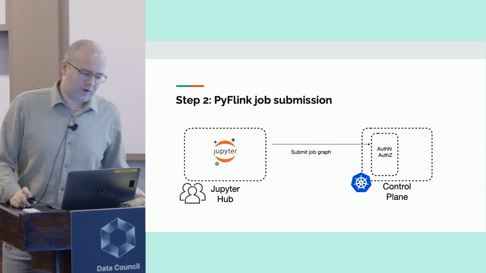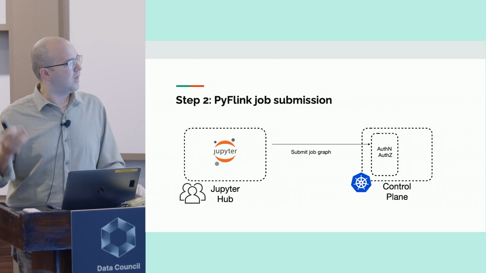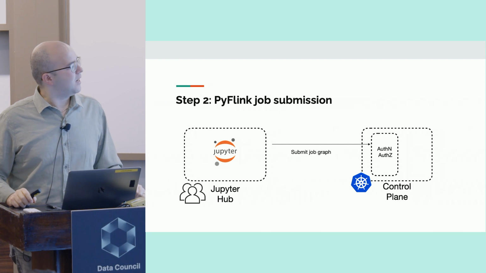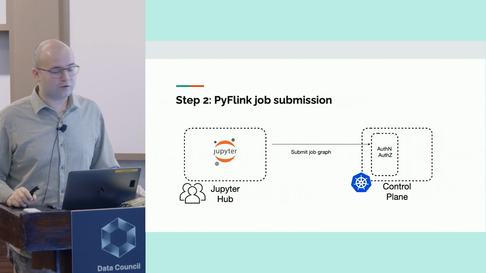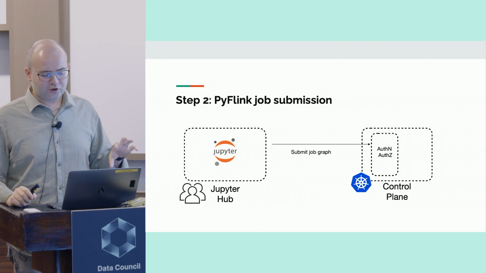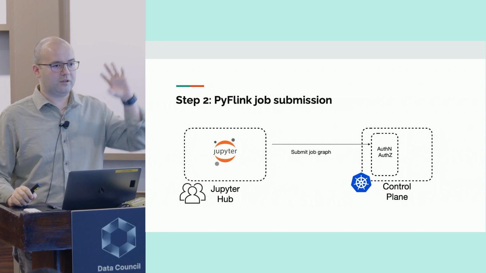So let's say you wrote your PyFlink pipeline in an IPython notebook cell, and then you execute the cell. The Python code is converted into a Flink job graph on the JupyterLab terminal side, which is different from Flink SQL, where the Flink SQL gateway converted it to a job graph on the cluster side.